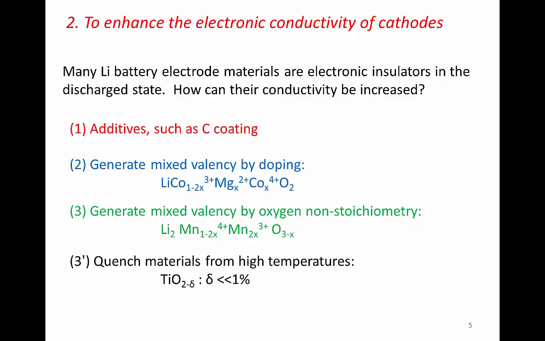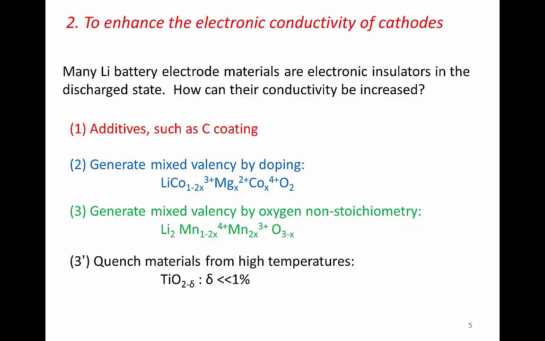The second way that this can be achieved is by generating mixed valency of our redox active species. I'll show you the slide in a minute of how this is achieved with lithium cobalt oxide, because the objective there is to obtain a mixture of cobalt 3+ and cobalt 4+, giving enhanced conductivity.